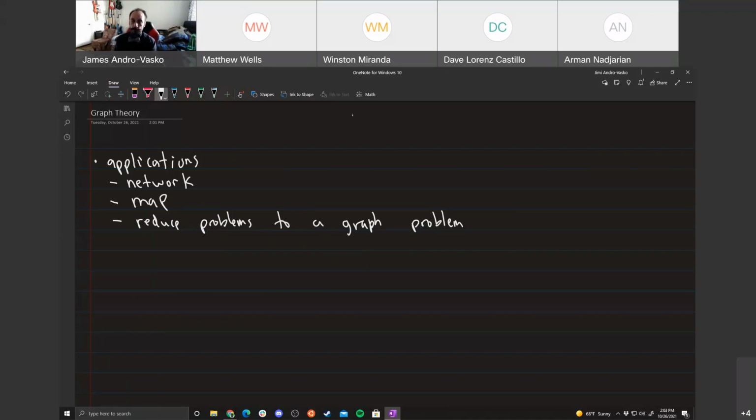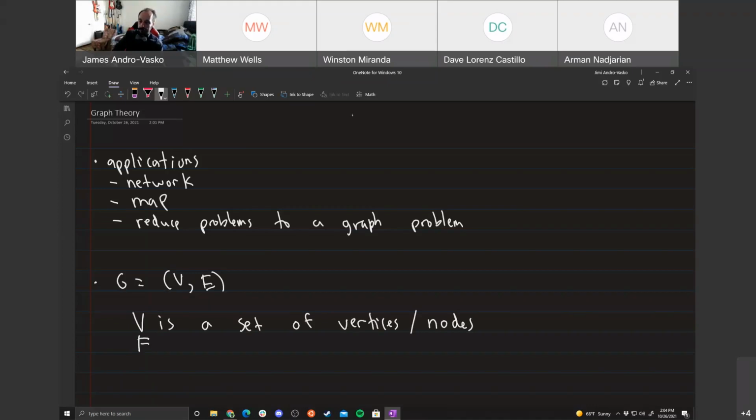We can represent a graph in the following way: G equals (V, E). That's how we can describe or write out a graph. Basically V is a set of vertices or nodes, and E is a set of edges.